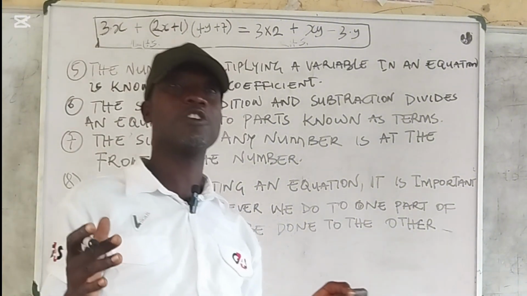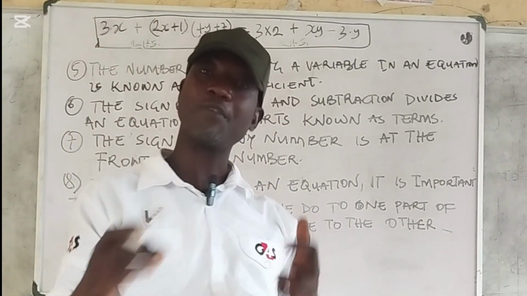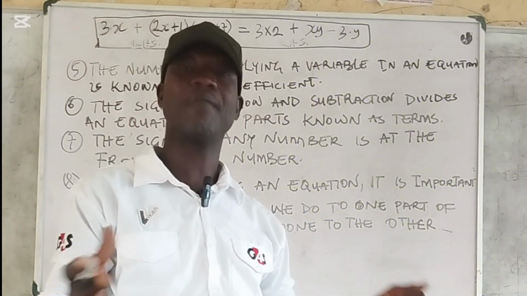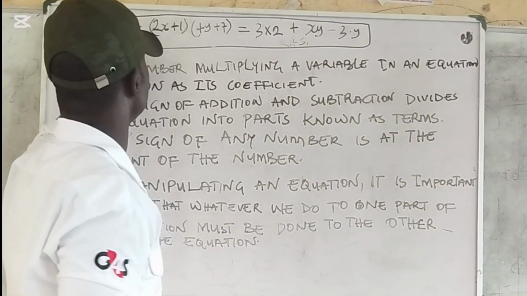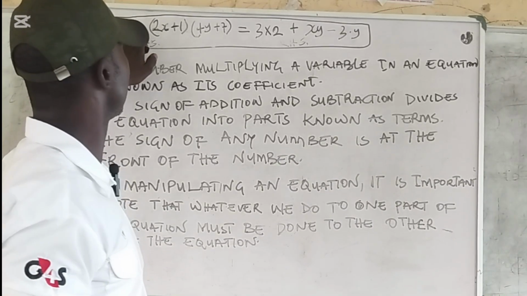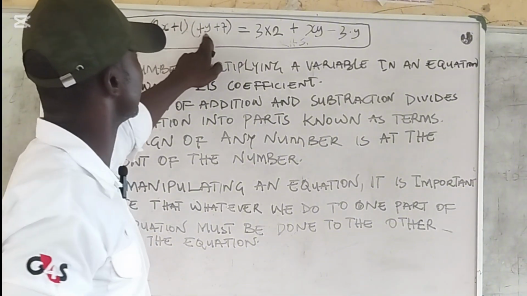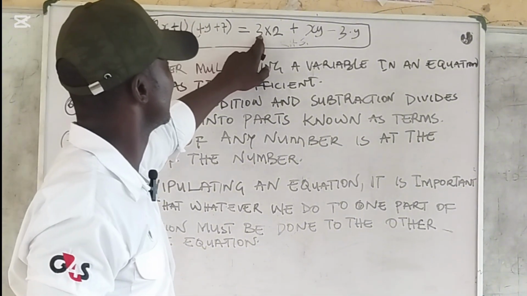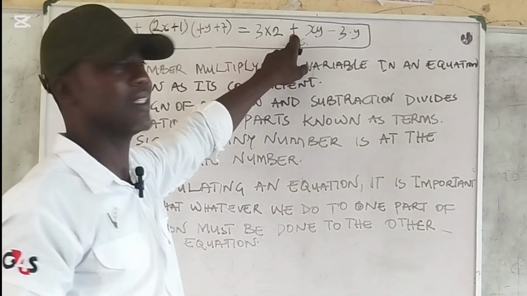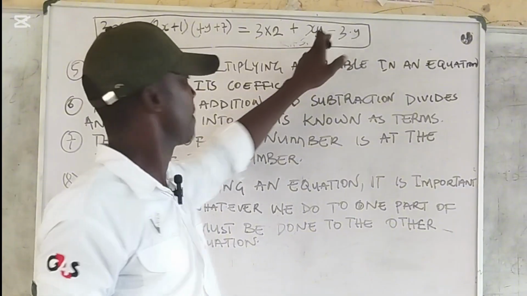If you're writing an equation, you must add at some point plus and minus in between different places. For instance, in this expression we have on the board, we have 3x, there is a plus here, plus the whole of this entity is equal to 3 times 2. Look at plus again, xy. Then look at minus.